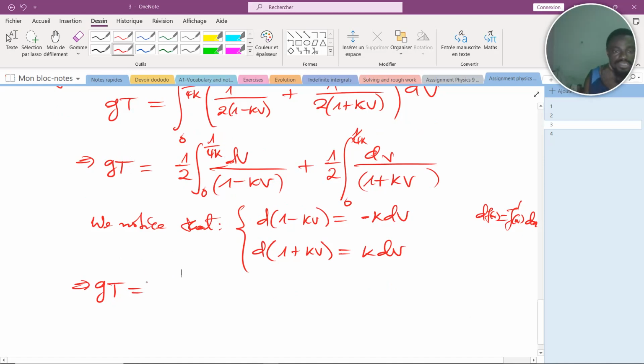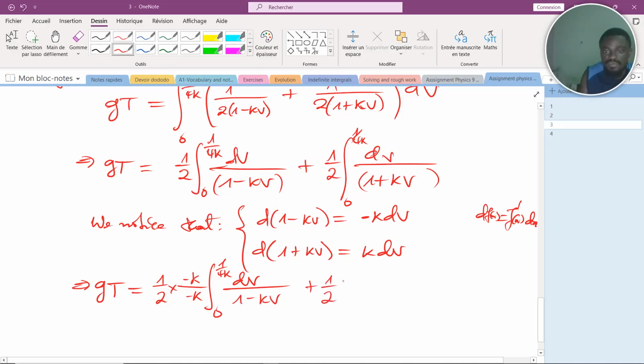So this becomes a half times minus k on minus k integral from 0 to 1 on 4k dv on 1 minus kv, plus, this integral we multiply by k, so this becomes a half k all over k integral of dv all over 1 plus kv. Is that okay? I have the right to multiply an integral by constants but not variables. K is a constant, so that's why I have that right.